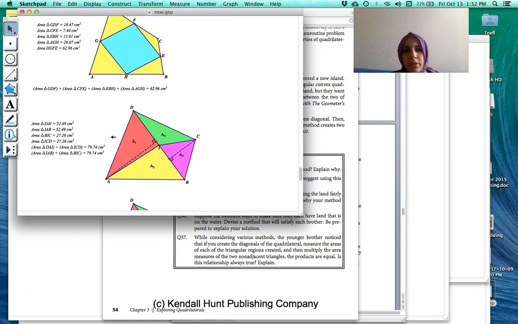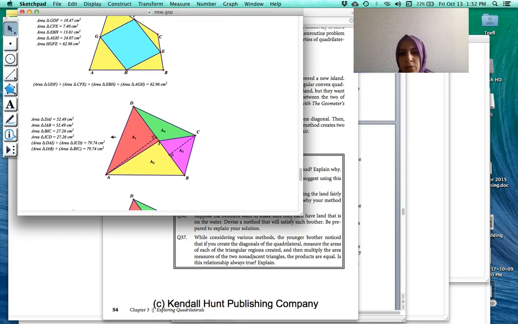Solution 4 is another solution: create one diagonal BD in the figure and mark the midpoint of the diagonal, point I. Since point I is the midpoint of the diagonal, the measurement of BI and the measurement of DI are the same.